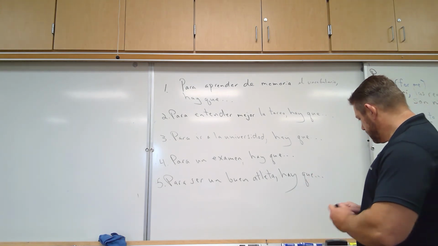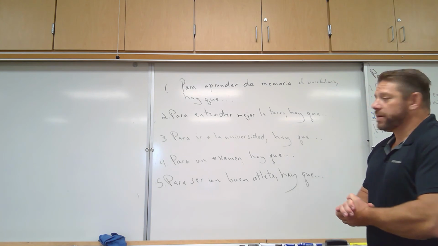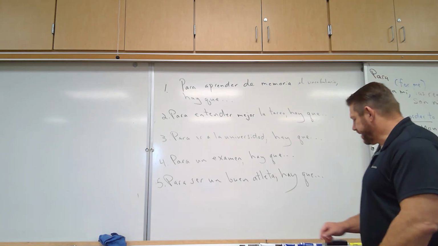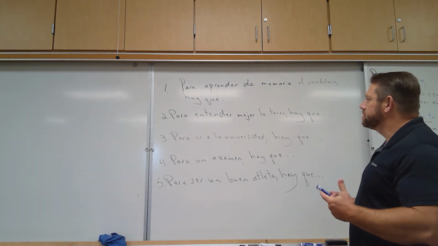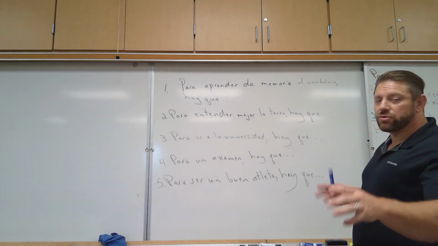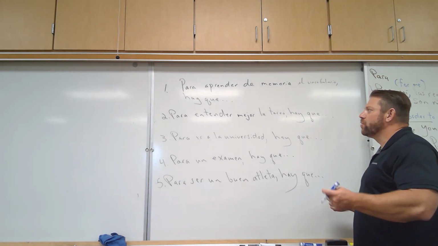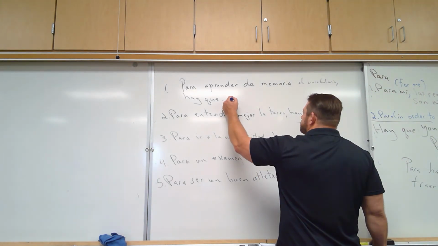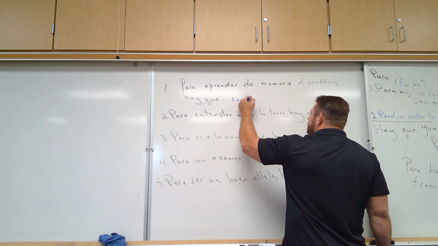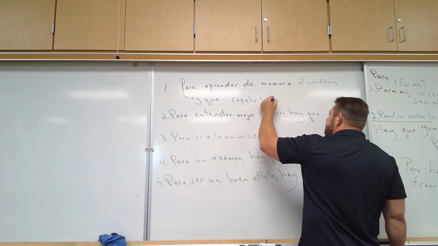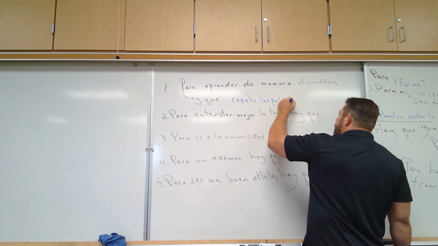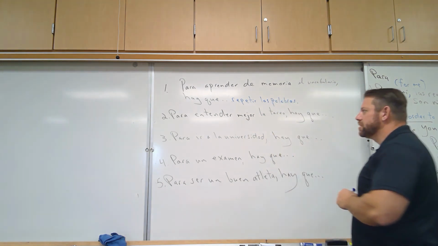All right. So welcome back. Let's go over the answers. Remember, there's more than one answer. So number one, in order to memorize vocabulary, one has to, hay que repetir las palabras. You have to repeat the words. Muy bien. Dos.